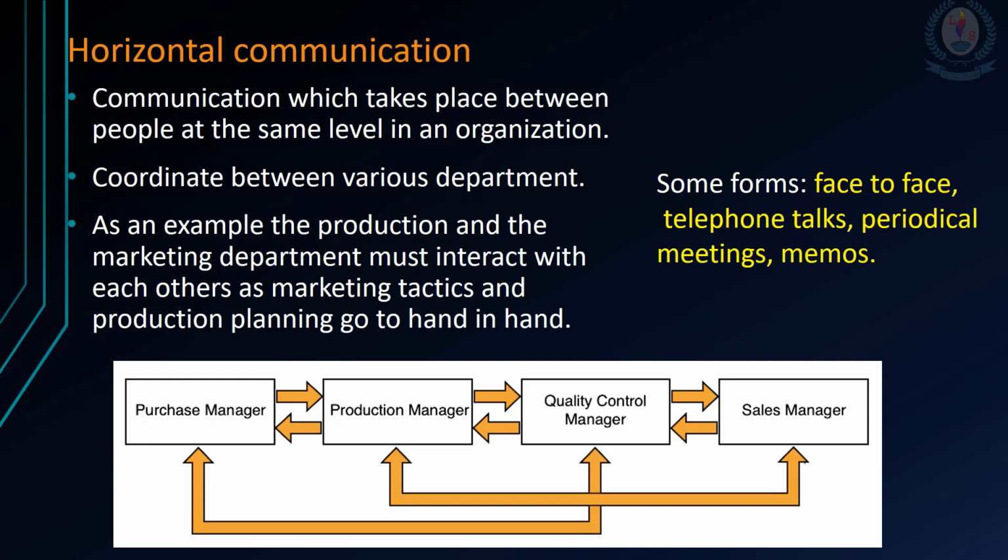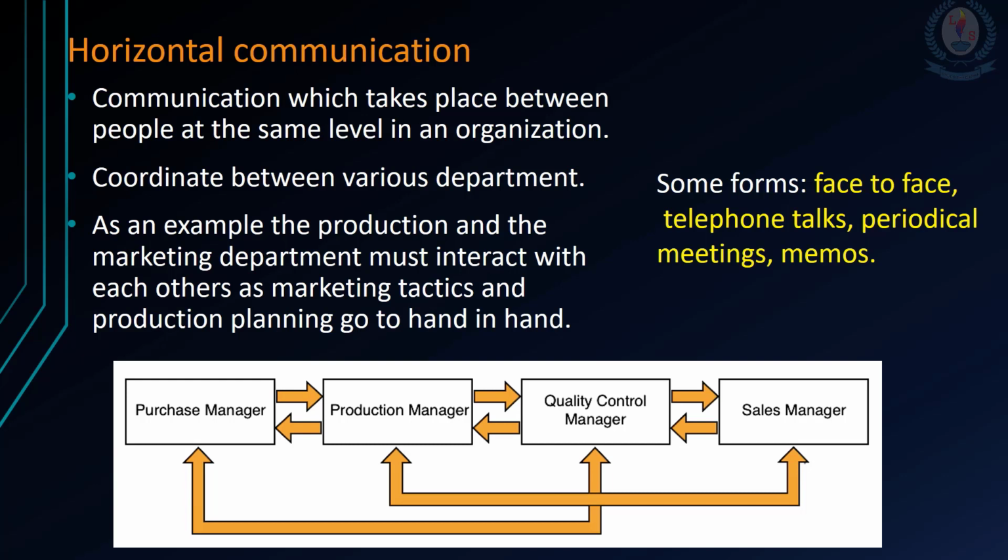These people are in different departments, but the communication happens between them. That means horizontal communication. Even though they are in different departments, when people of the same level or same position communicate, it is called horizontal communication. It coordinates between various departments, but in a horizontal way, right?